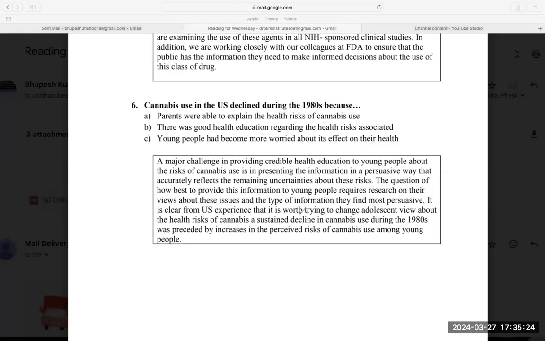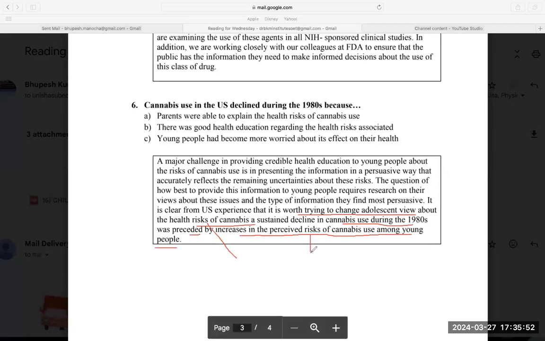It is clear that it is worth trying to change adolescent views about the health risk of cannabis. So if you can change the point of view of the adolescents, the youngsters, and can guide them about the health risk, a sustained decline in cannabis use during the 1980s was preceded by an increase in the perceived risk of cannabis use among young people.